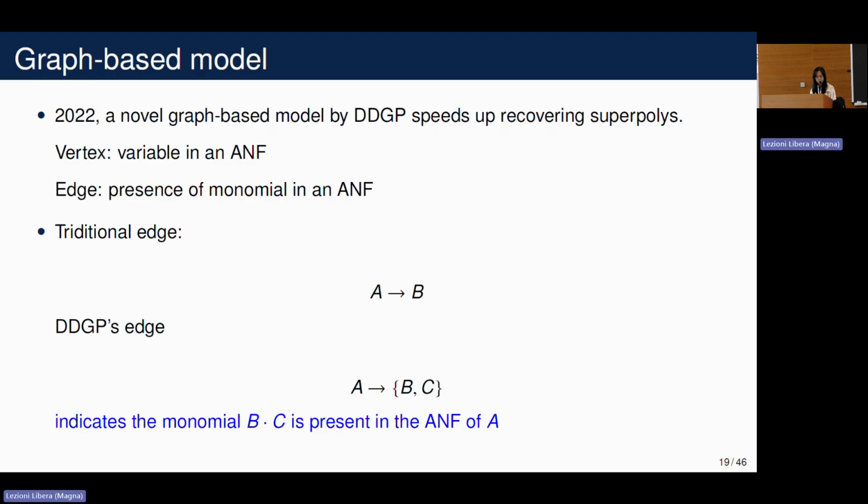Different from the traditional edge from a vertex to another one, DDGP's edge points to a set of vertices. It indicates the monomial BC is present in the ANF of A.